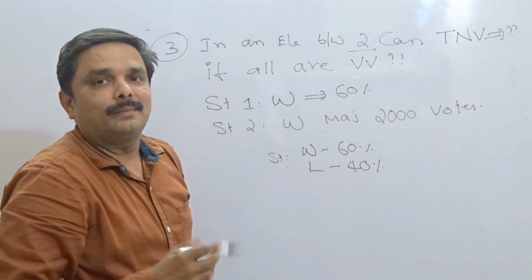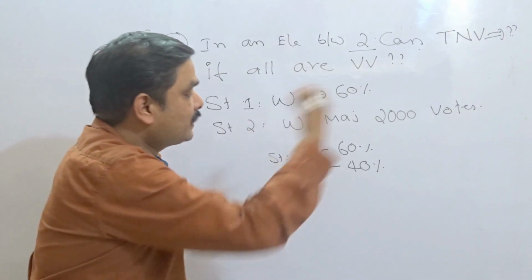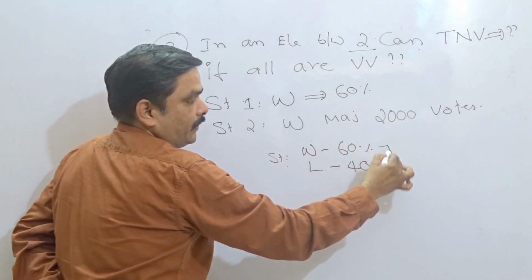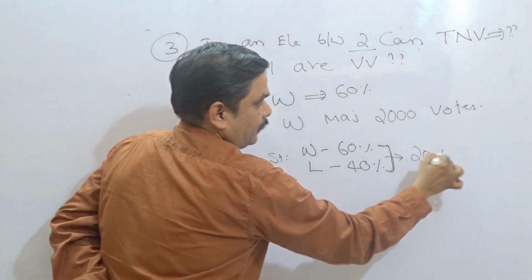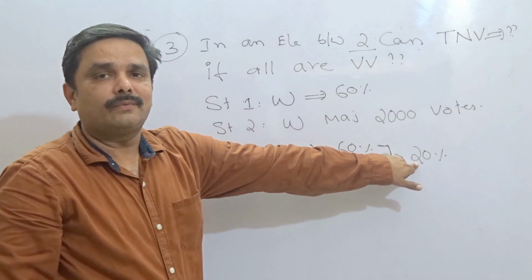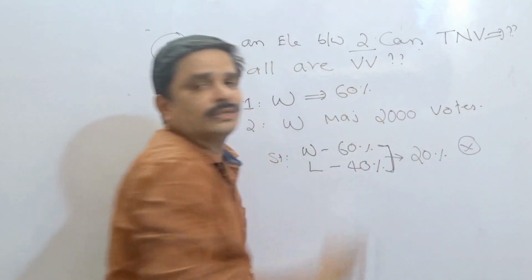This much I can say, but I cannot answer how many votes are polled in total. But I can go a little in depth and say the difference between these two, percentage wise, is 20% of votes, right? Winner minus loser is 20% of votes. With this alone, of course, I am not able to answer the question.